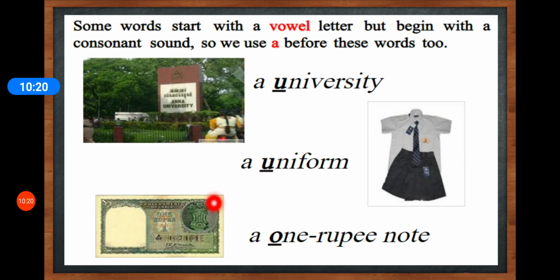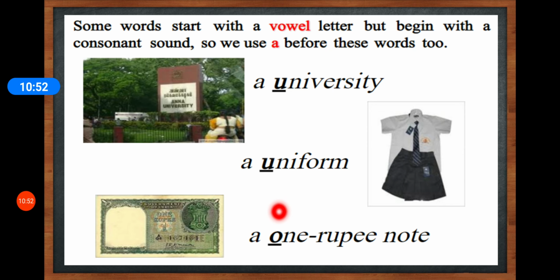Okay. Now it's not just in the case of U. There are other words also, like a 1 rupee note. O is a vowel. We all know that. So shouldn't it be an 1 rupee note? No. It is a 1 rupee note. Why? Again, concentrate on the sound. What is the sound?